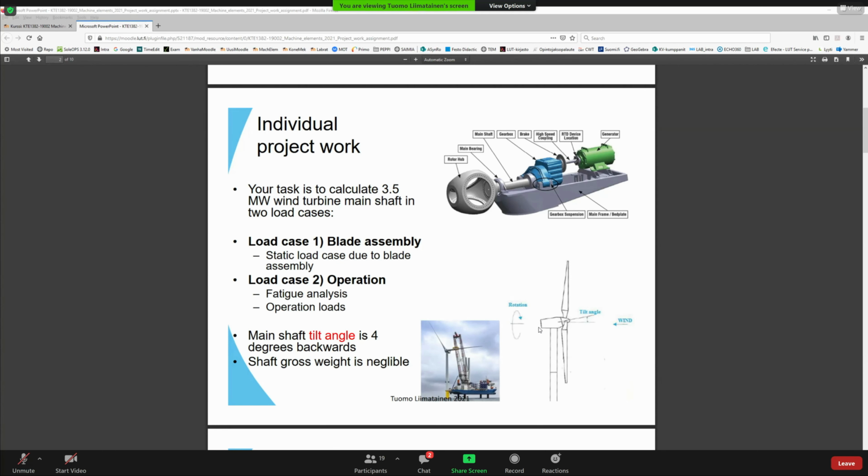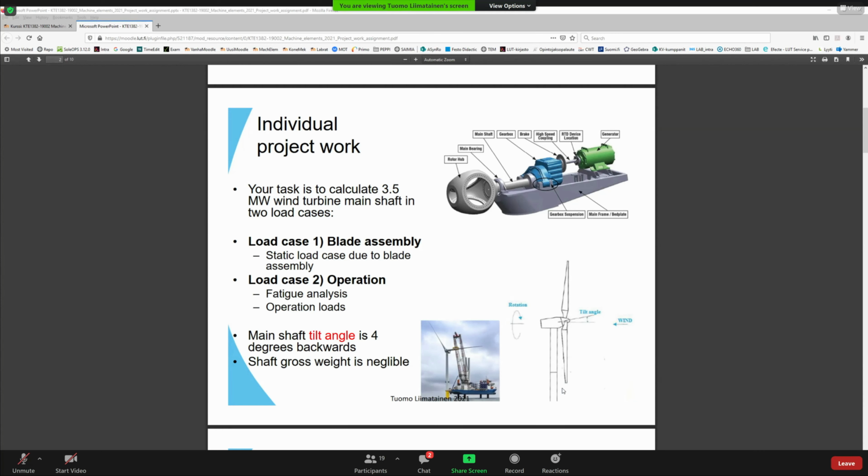If you look at a video of a running wind turbine when it's blowing heavily, you can see that these blades are bending a lot because they are quite long, usually 50 to even 80 meters long. If this angle of the main shaft were horizontal, there's a risk that the tip of the blade would hit the tower because it's bending that much.